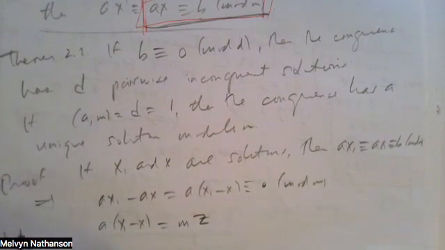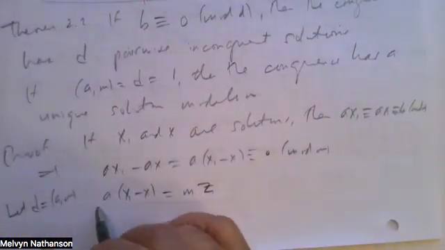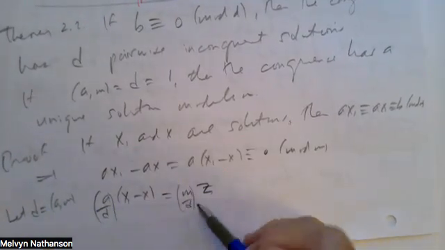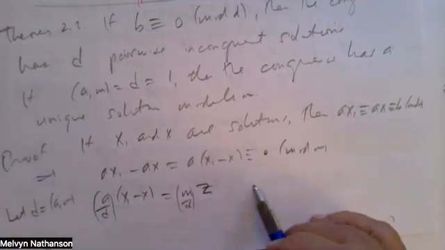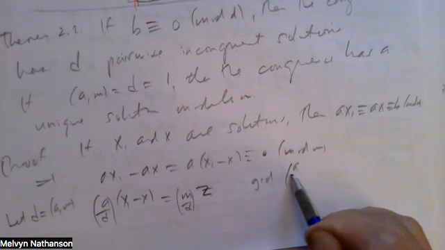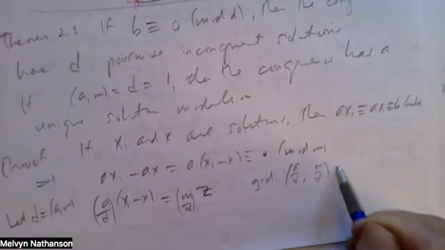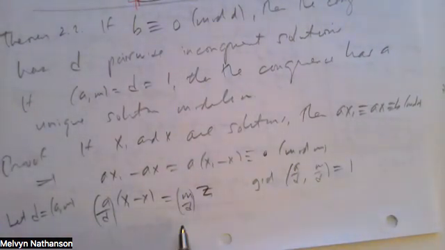And remember, we let d be the greatest common divisor of a and m. So d divides a and divides m. If I divide this equation by d, a over d is an integer and m over d is an integer. And if d is the greatest common divisor of a and m, then the greatest common divisor of a over d and m over d is 1.